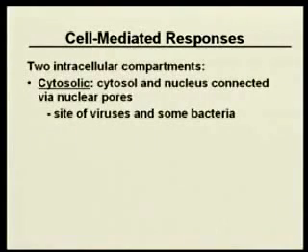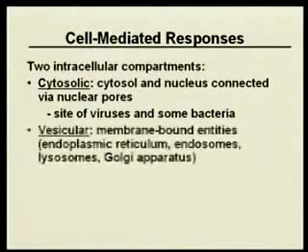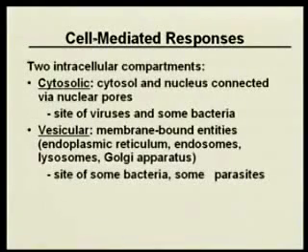And this is primarily the site of most viruses and some bacteria. There's also the vesicular. And these are membrane-bound entities. So these are different pathogens that can be in your endoplasmic reticulum, the Golgi, or actually in your lysosomes. And this is the site of some bacteria and some other parasites.